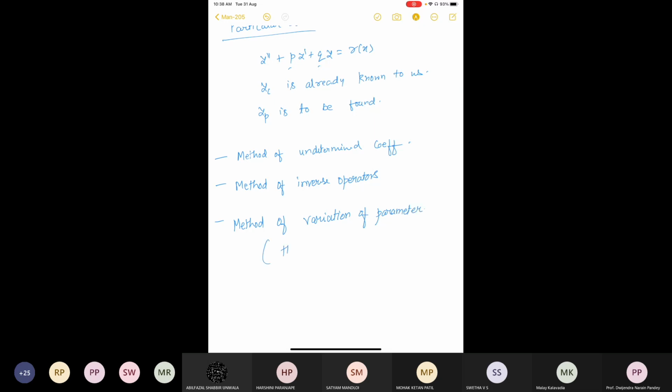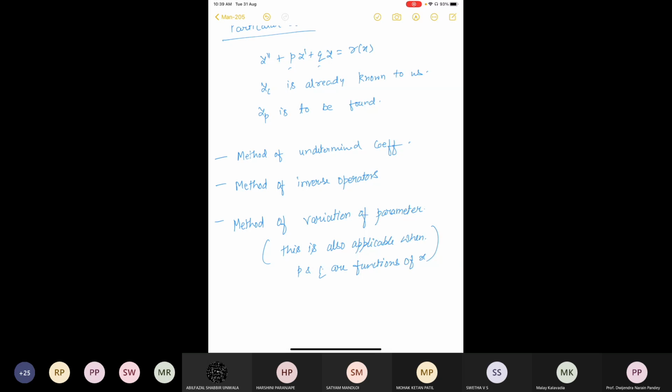This is applicable when p and q are functions. It is still applicable, so the third method is very useful.